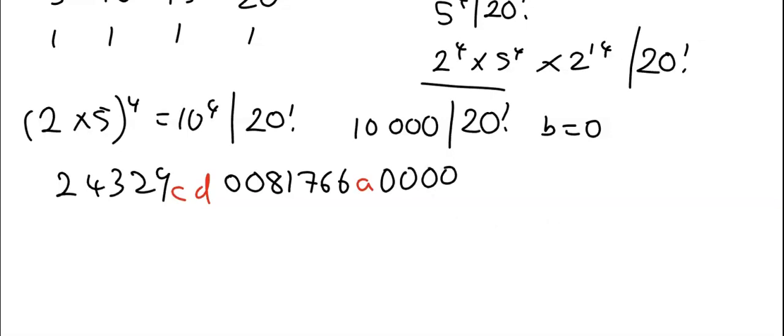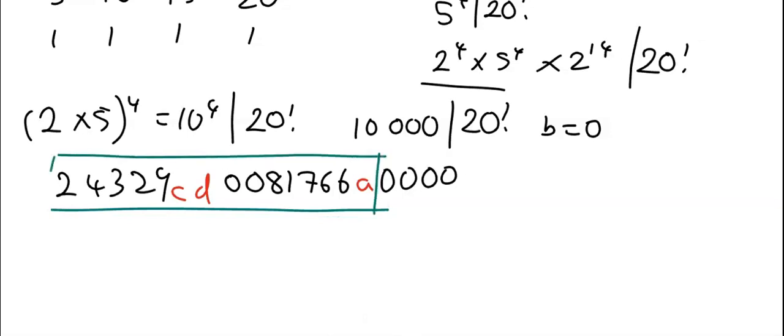Now, 2 to the power of 14 divides this number. We've got, as it were, 14 2's left over. And this means that the first digits up until A represent a number which divided by 2 to the power of 11 can therefore be divided by 2 to the power of 3, which is 8.